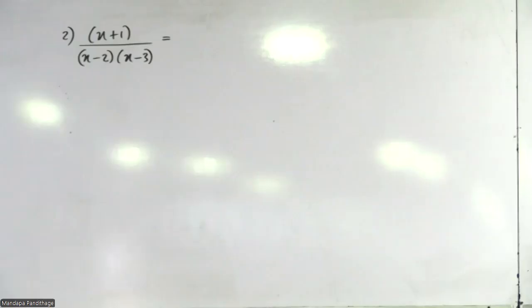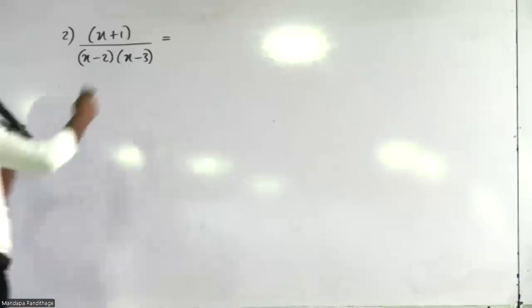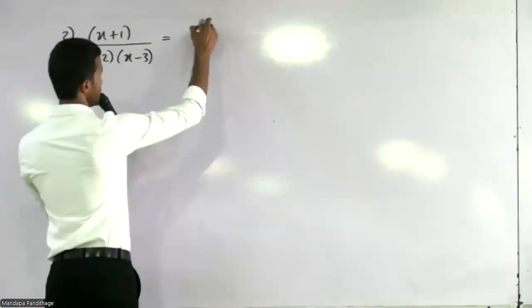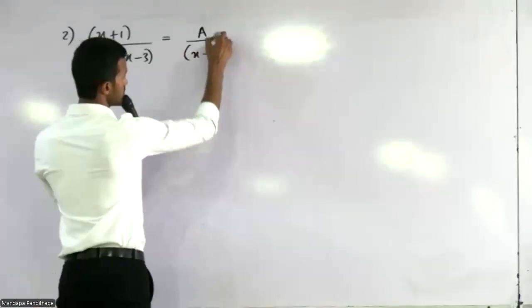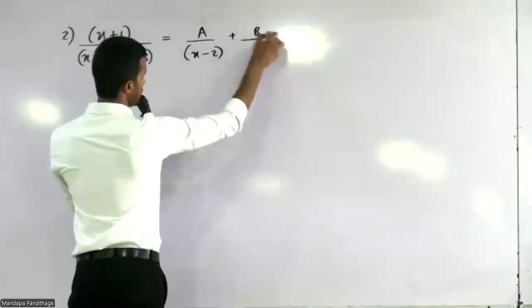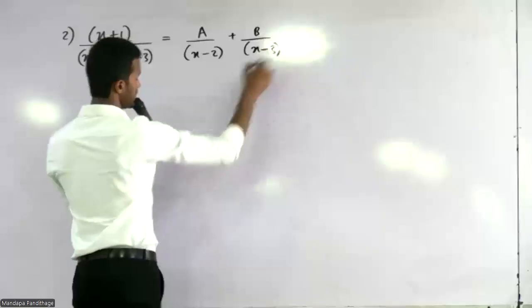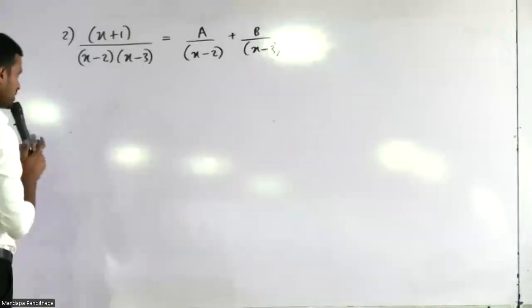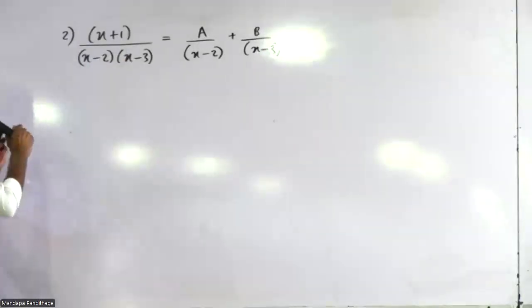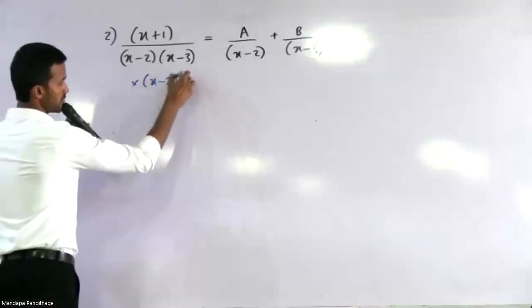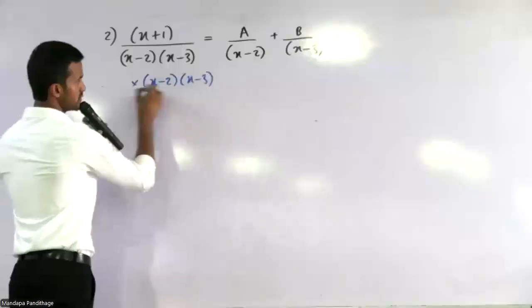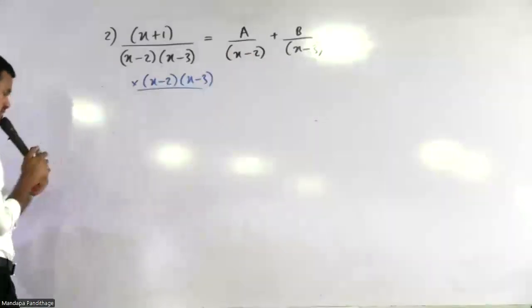Okay, I'll do question number 2. So first, write this in this way: a over x minus 2 plus b over x minus 3. Then multiply by this denominator, x minus 2 and x minus 3. So when you multiply, I told you, you don't have to show that each factor is cancelling off.